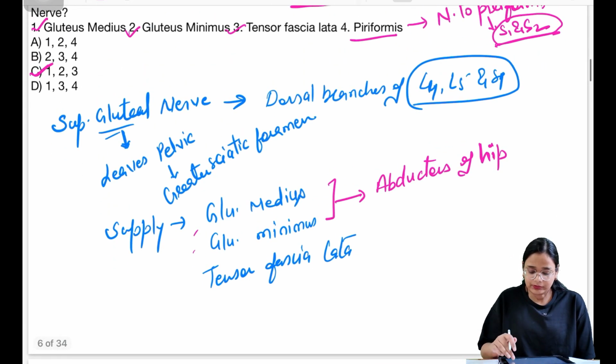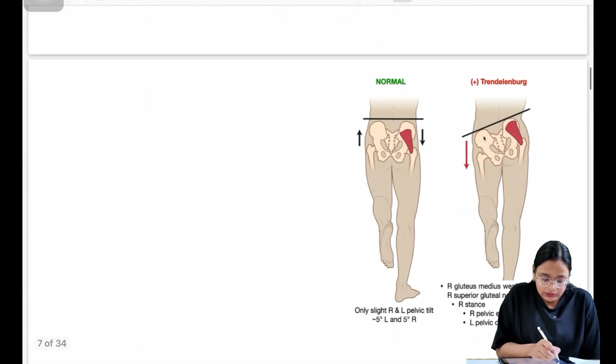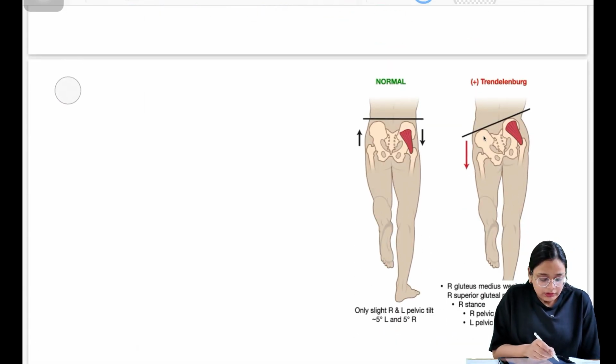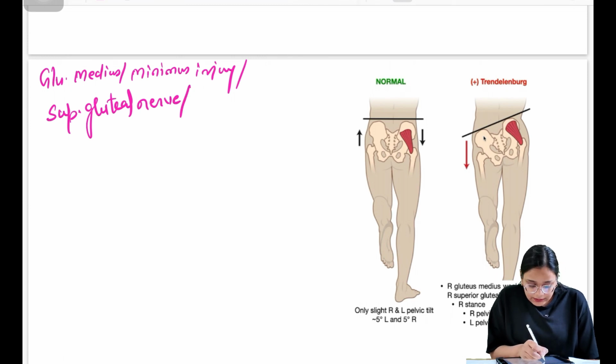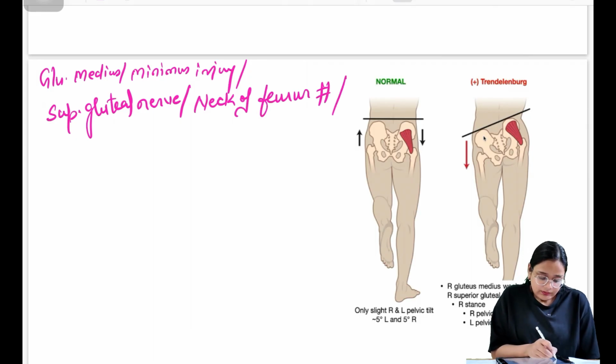This is also a dorsal division, from S1 S2 rami. Next, suppose somebody got an injury of the superior gluteal nerve. Or any injury to gluteus medius or minimus, or any injury to the superior gluteal nerve, or a fracture of the neck of femur, or a fracture of the greater trochanter.